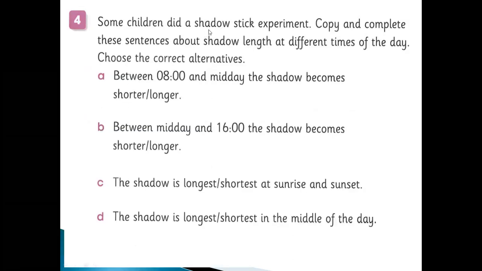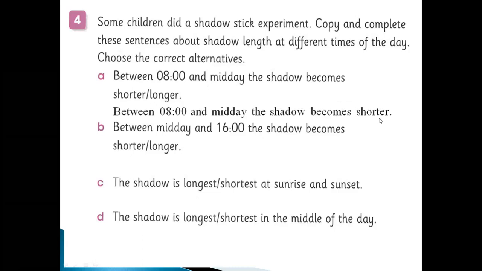Some children did a shadow stick experiment. Copy and complete the sentences about shadow length at different times of the day. In the last lecture, we discussed this. Choose the correct answer. Between 8 and midday, the shadow becomes shorter or longer?